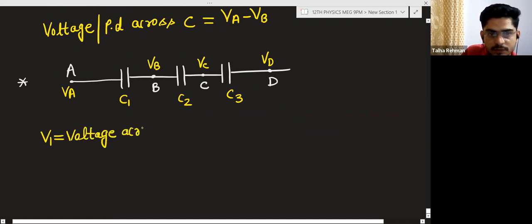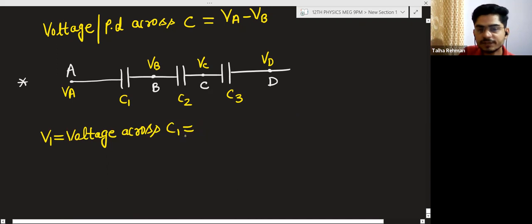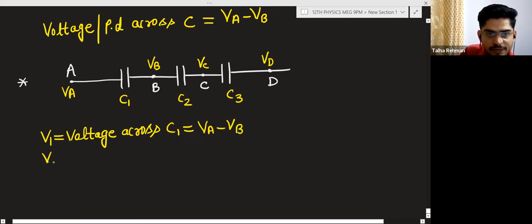Voltage across C1 is equal to potential difference, VA minus VB. If you want to calculate V2, then VB minus VC.